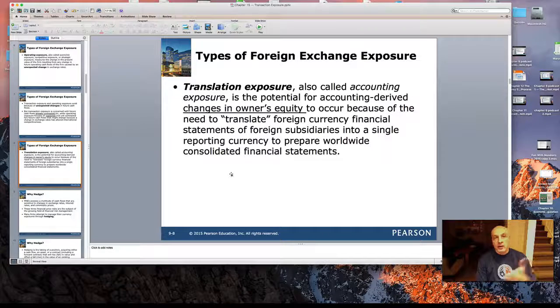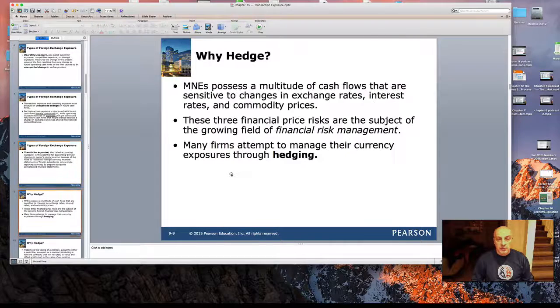We need to translate that back into the US dollar, and we're going to have a foreign exchange loss or a foreign exchange gain. And that's going to be plugged into our owner's equity section. If it's a foreign exchange gain, it will increase our owner's equity, and if it's a foreign exchange loss, it will reduce our owner's equity.